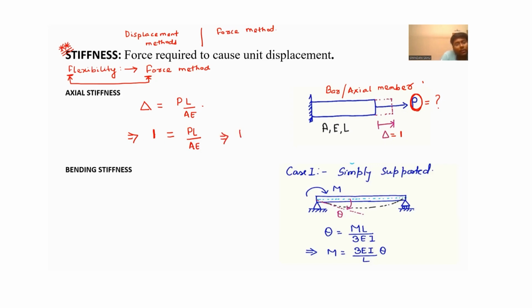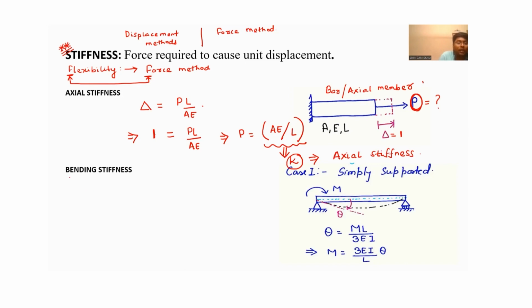From here, you will get P equal to AE upon L. Now, what is this AE upon L? This is nothing but K. K means stiffness, or more specifically, for axial members, you can call it axial stiffness.